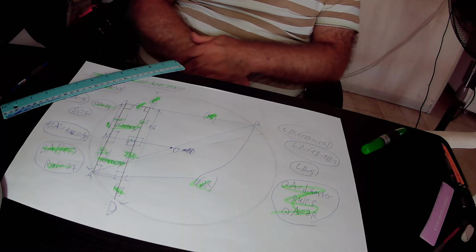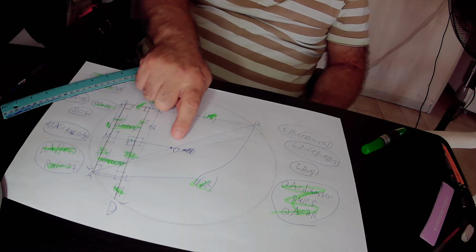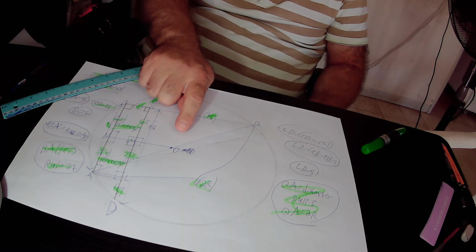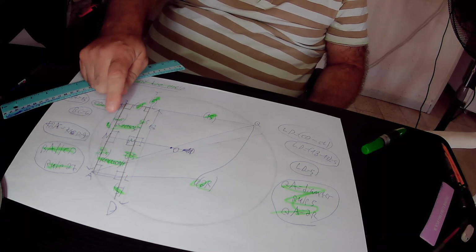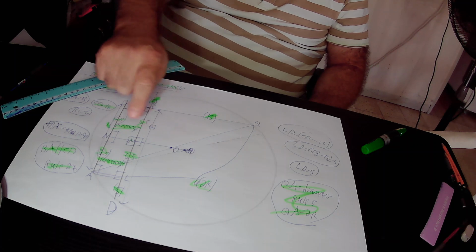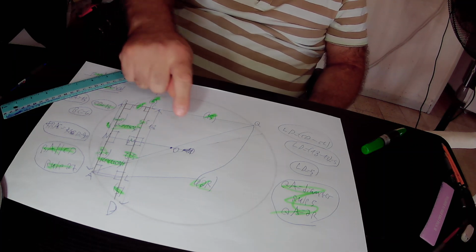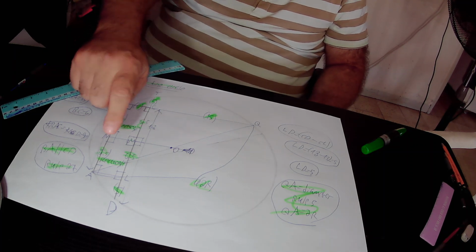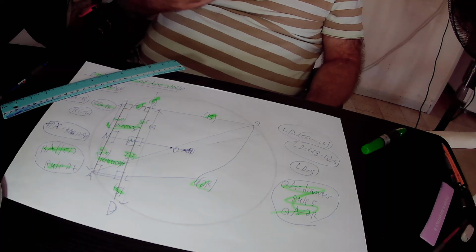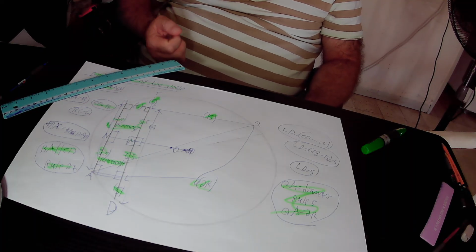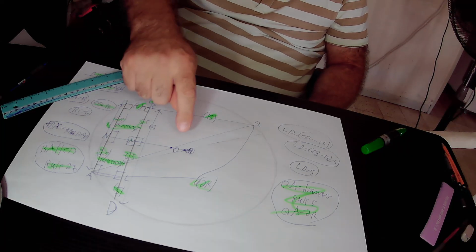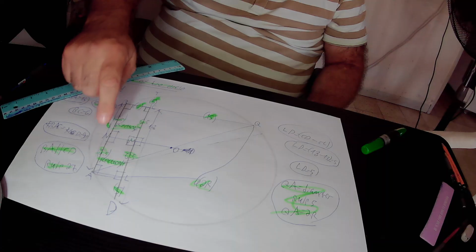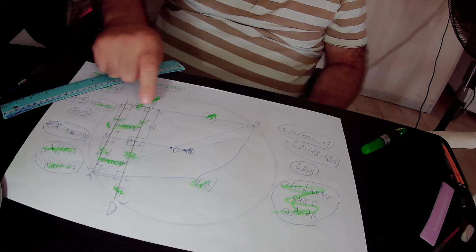From the center of this circle, that is to say from point O, we have perpendicular ON on chord BA. And according to rule 19, the perpendicular from the center of the circle towards any chord bisects the chord. So the perpendicular ON to chord BA bisects chord BA.